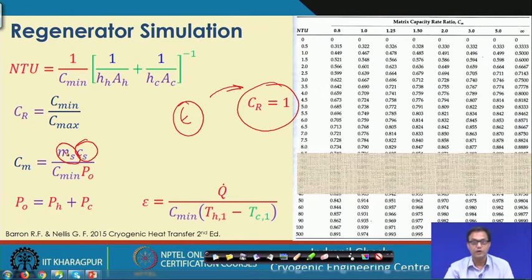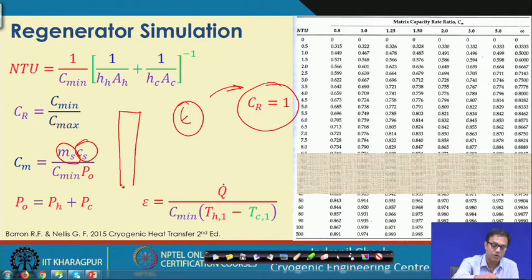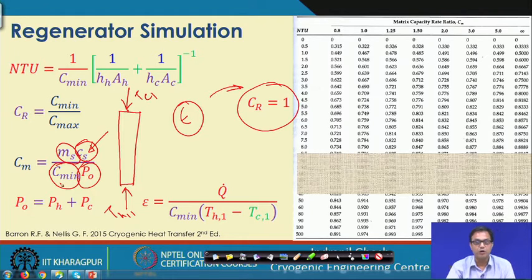Because we know tentatively what is the exit temperature of the hot fluid, with Th1 and Tc1 being known, we know the two extremities. So, we would be able to find out the operating temperature of the Cs average, and C min is already known. P 0 is the total period, the duration of the hot and cold fluid flow, and the time is also known. Here what we are now trying to find out is the effectiveness of that particular regenerator.